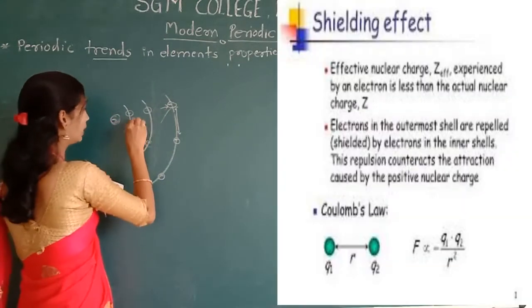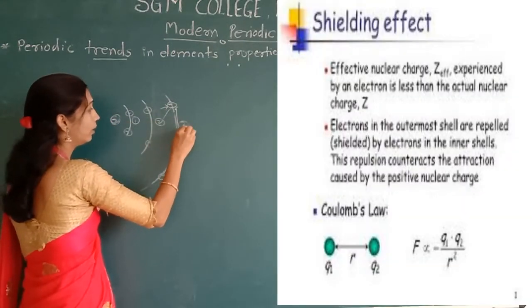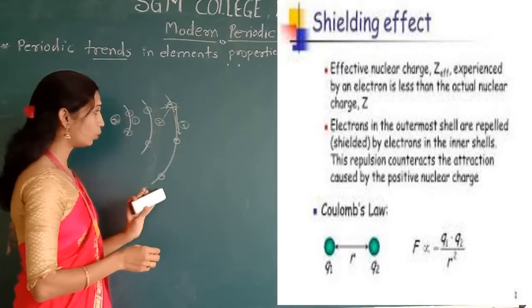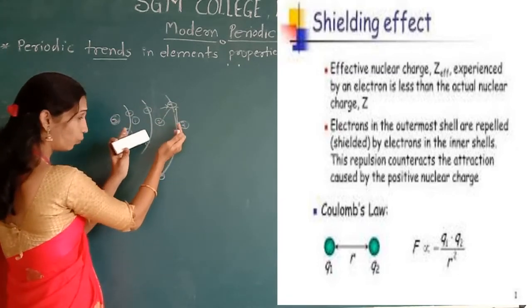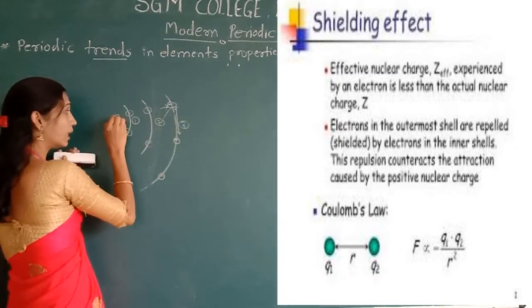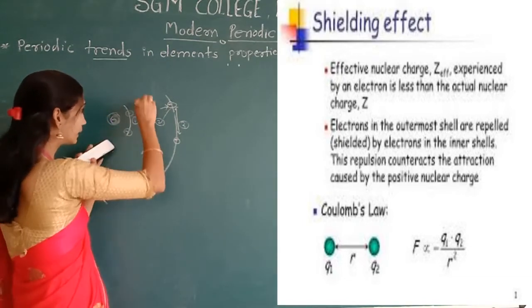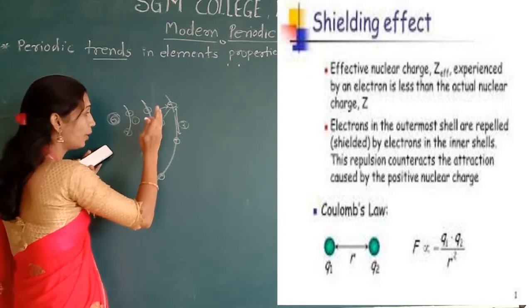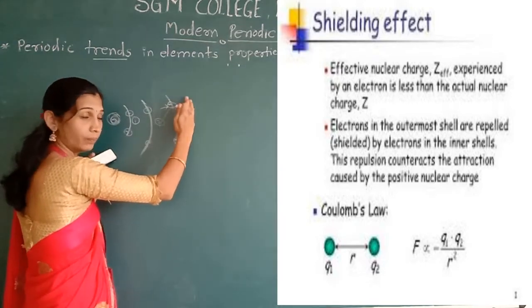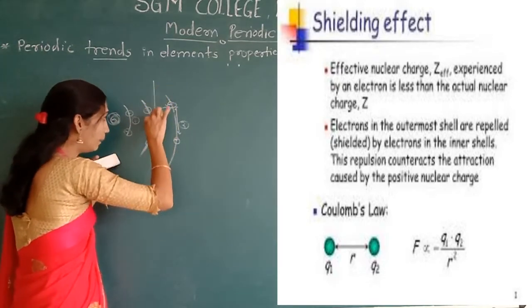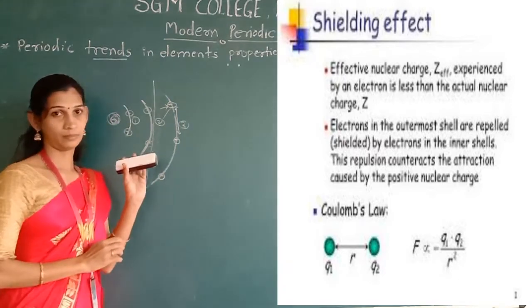If we consider first, second and third, the electron present in the outermost orbit will be attracted towards the nucleus. That second orbital electron repels that one and it produces a screen.